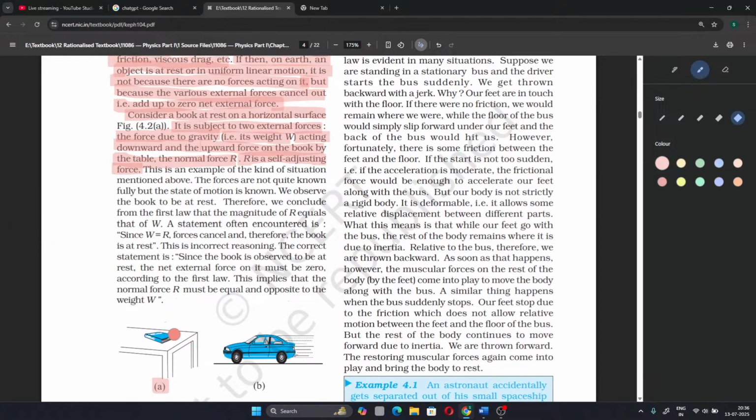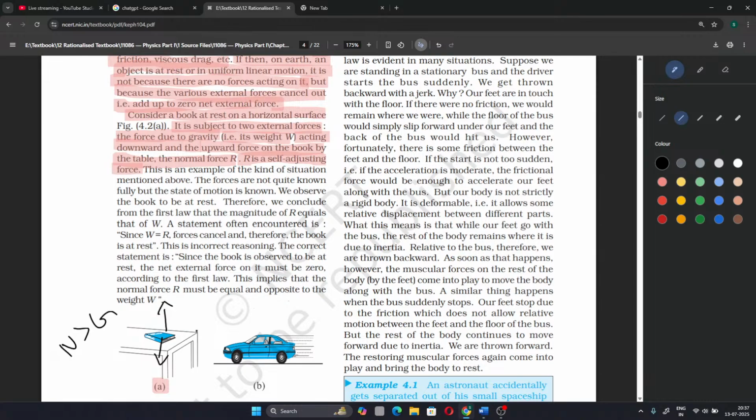Let's assume the book here is 1 kg, but for some reason the book is reduced in weight to half of its normal weight, so the force acting downward will reduce. If we assume the normal force acting upward remains the same, then the normal force would be greater than the gravitational force.